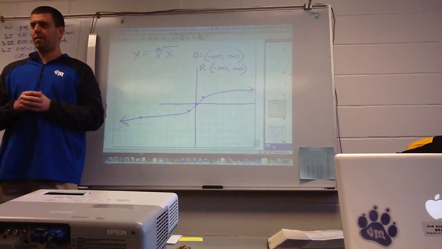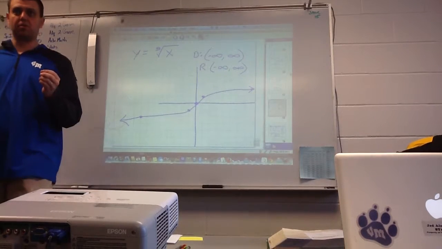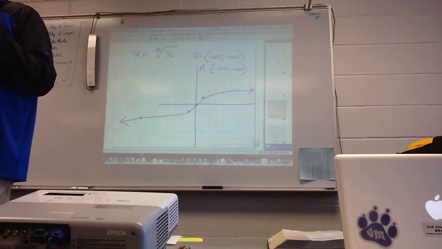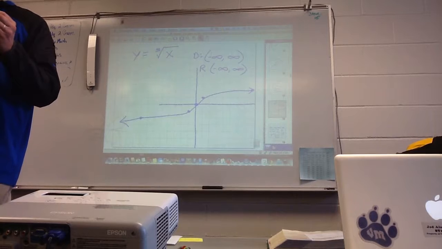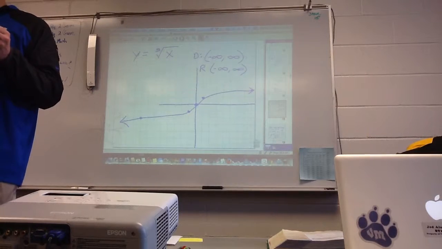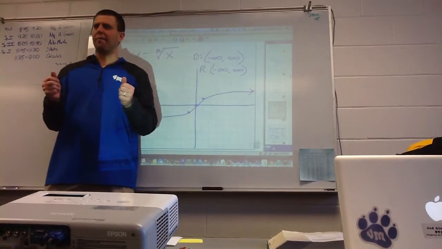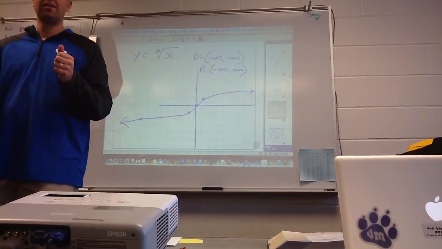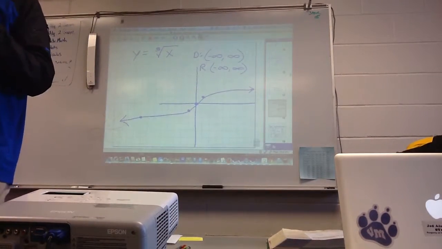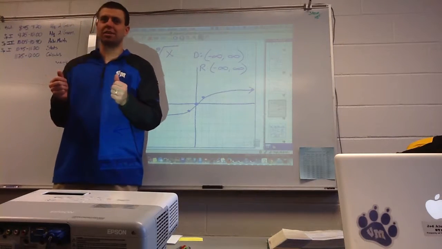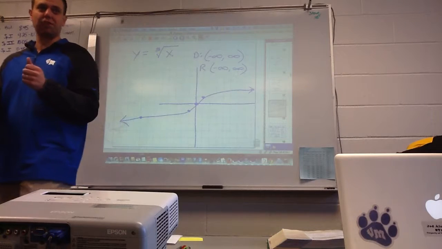But that's different than even roots. Why is it different than even roots? You can't do even roots of negative numbers. Have I said that a couple of times? I'm hoping it's getting redundant. The reason I've said it a couple of times is that you'll have to write that at some point on a test as to why the domains are different.